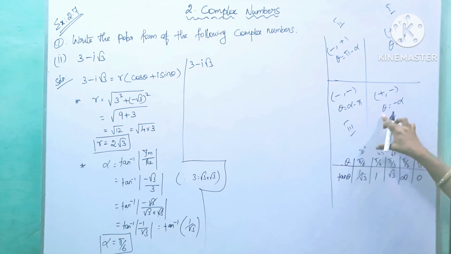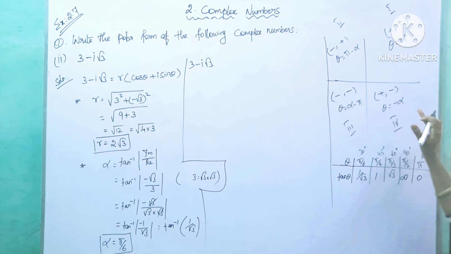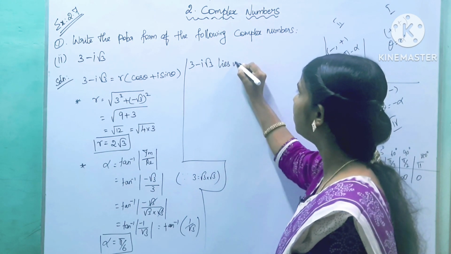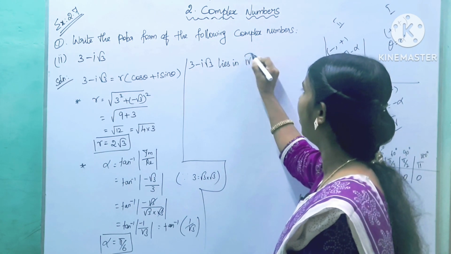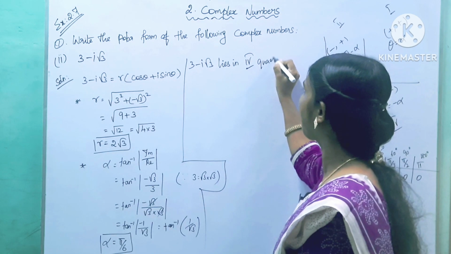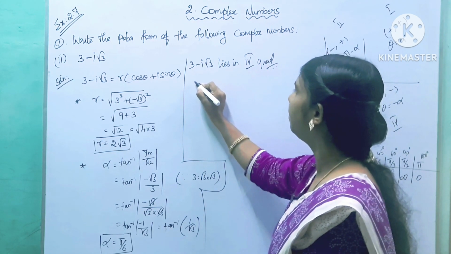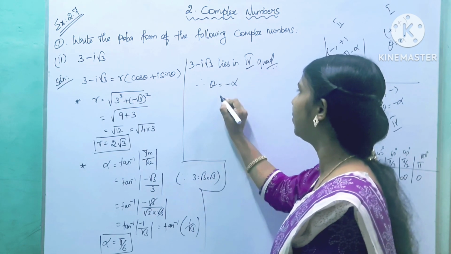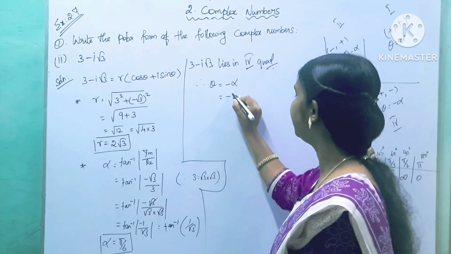அப்ப நமக்கு theta எப்படி இருக்குன்னா theta is equal to minus alpha. So the given complex number lies in 4th quadrant. Therefore, theta is equal to minus alpha. So, theta is equal to minus pi by 6.